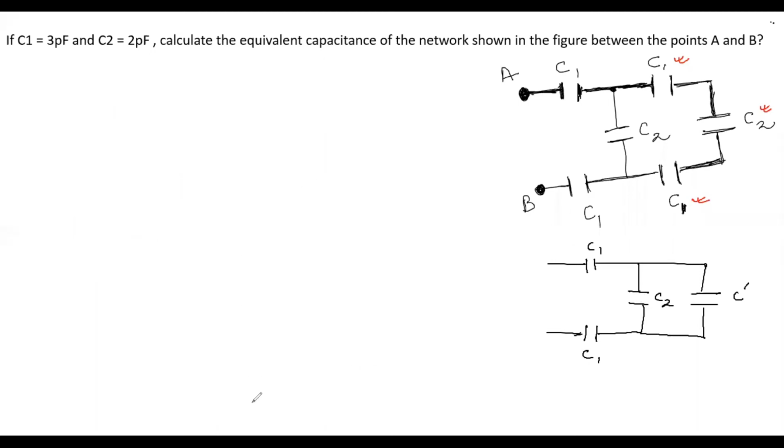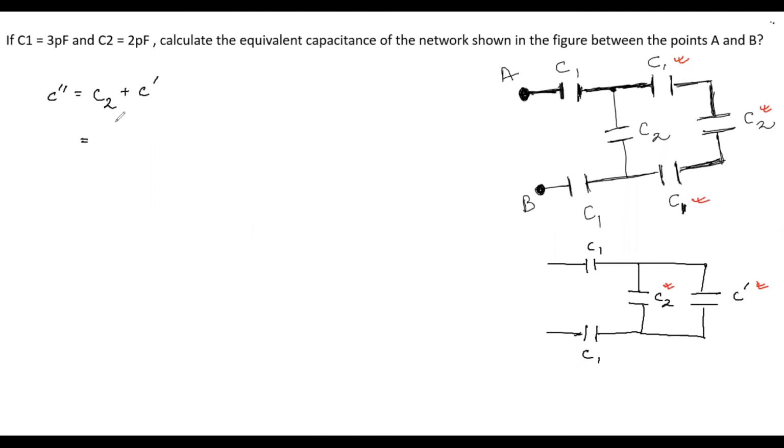if you see this capacitor C2 and C dash, since they are connected in parallel, we will be using the parallel formula. Let's say the effective capacitance of these 2 capacitors is C double dash. So it will be C2 plus C dash, right?